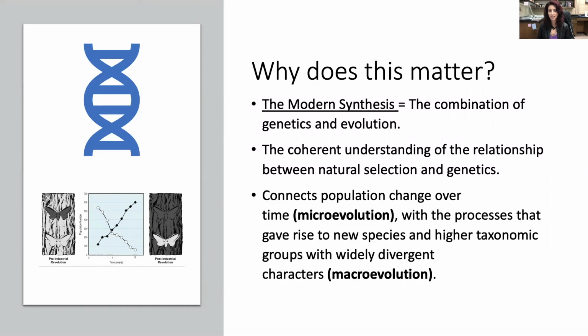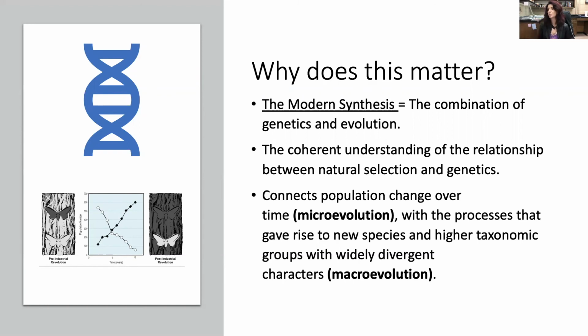The modern synthesis describes how evolutionary processes, like natural selection, can affect a population's genetic makeup, and in turn, how this can result in gradual evolution of a population and speciation. So the modern synthesis represents the combination of genetics and evolution.